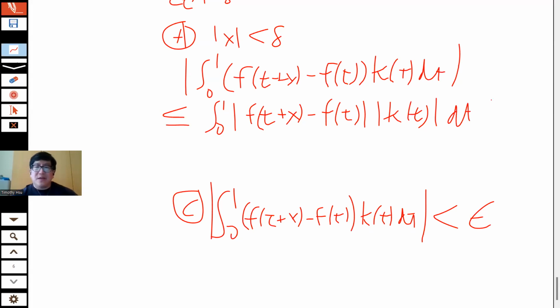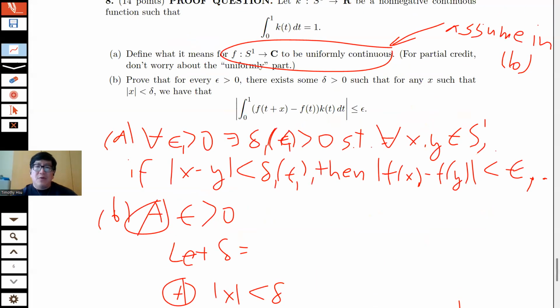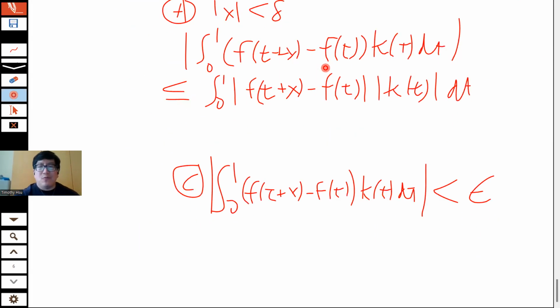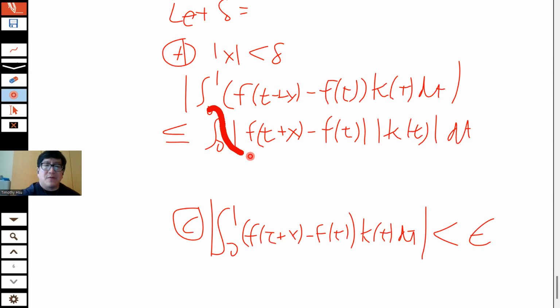All right. And so now, what do we know? If we could just get rid of the other stuff, the integral of all this other stuff is going to give us 1.